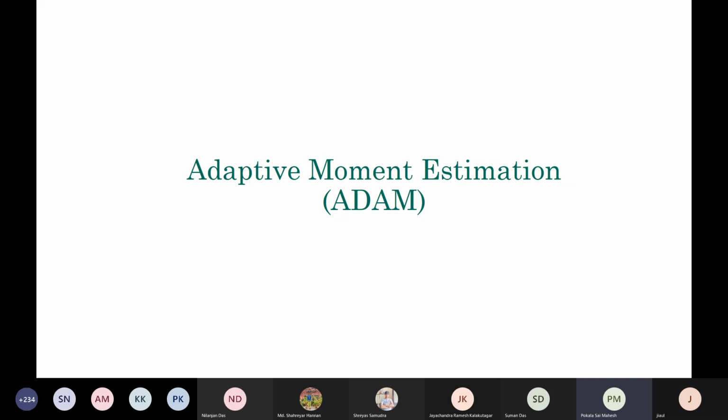So the adaptive moment estimation looks into these two aspects: adaptive learning as well as this gradient correction problem. Two things it is trying to address in one shot, and that's what we're going to look into. Let's see how we actually do that in reality.